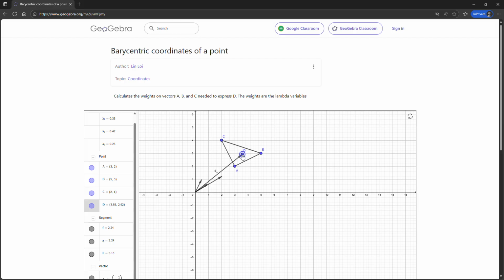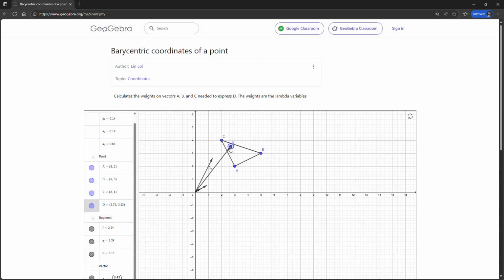Now, what is easy for the GPU hit hardware to give us is the weights associated with the point of intersection. So as you can see, as I move this around, we have weight 1, 2, and 3.